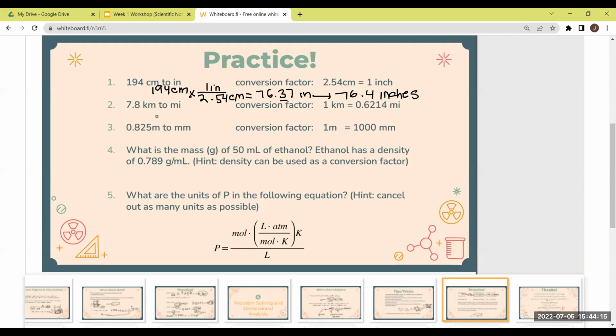The next question is 7.8 kilometers to miles. The conversion factor for miles is going to be 1 kilometer is equal to 0.6214 miles. So I'm just going to write down the given.